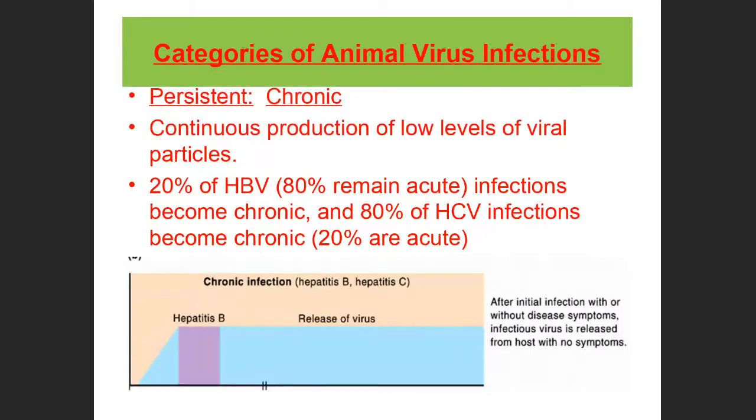A persistent chronic infection is one in which there is continuous low-level production of viral particles. So this will be the antigen. All through the infection, which typically lasts a lifetime, the patient will be positive.